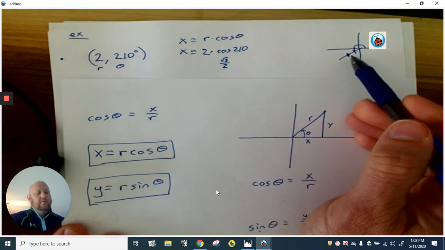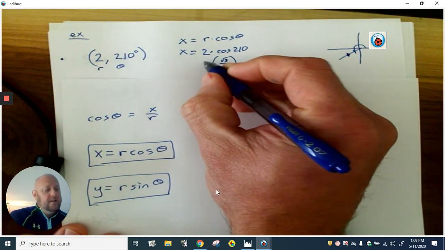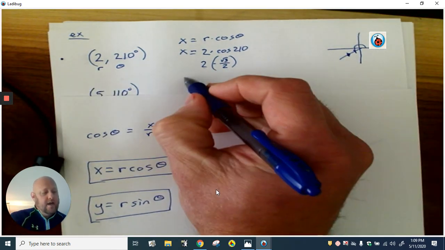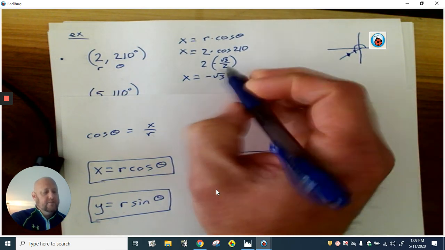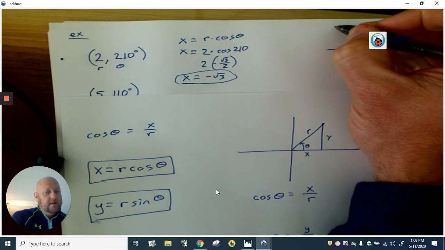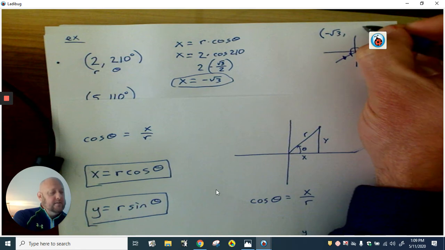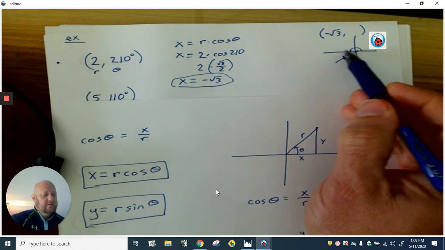I'm in the third quadrant. Cosine is negative in the third quadrant, right? Now, all I really have to do is multiply that by 2, and I know x will just equal negative root 3, okay? So I know in the rectangular coordinate system, the x value is going to be negative square root of 3. That's how far over here I'm going.